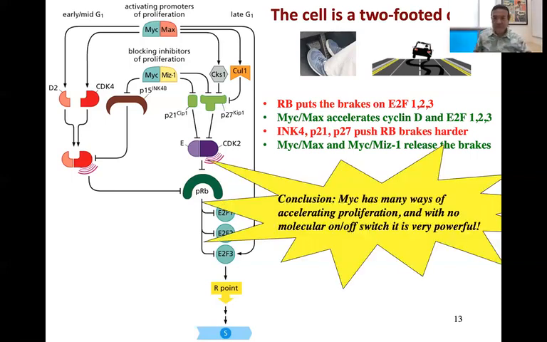So in conclusion here, MYC, because it's just this lowly little transcription factor that has widespread influence on multiple genes, is a critical player in these multiple layers of braking and accelerating. And as I said, the scary thing is that the MYC protein itself does not really have an on and off switch.